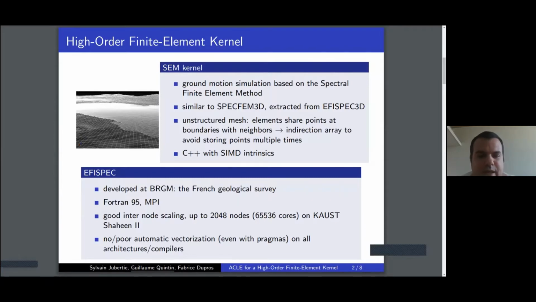The code is called FESpec, and it's developed at the BRGM, the French geological survey. The original code was written in Fortran and uses MPI, of course, so we have good internal scaling.